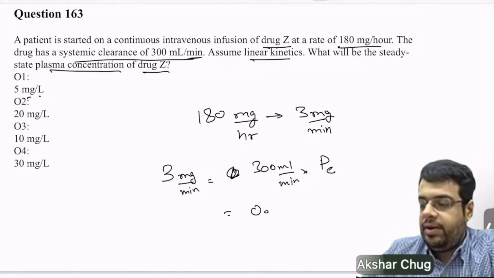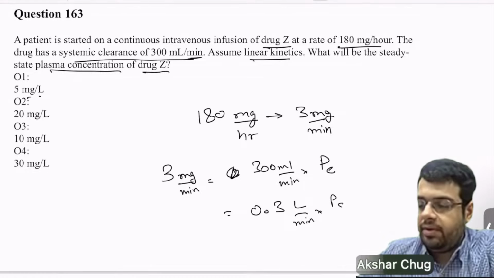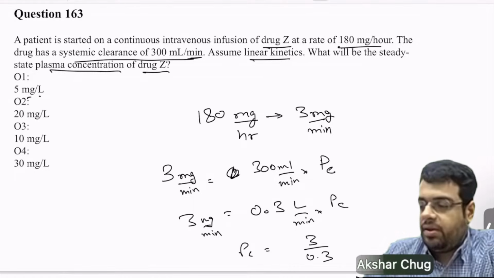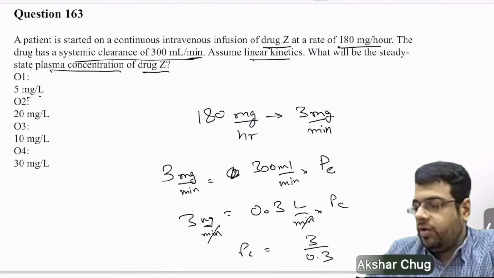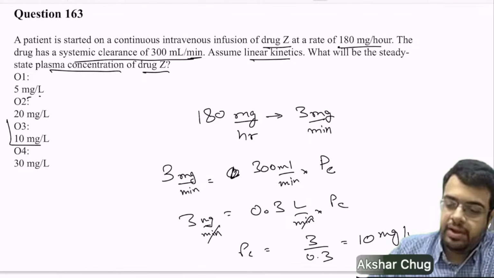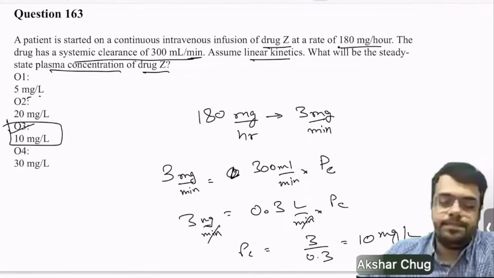It would be 0.3 liters per minute into plasma concentration. Here it is 3 milligram per minute. So the plasma concentration turns out to be 3 divided by 0.3, and the minutes will get cancelled. It will come out to be 10 milligram per liter. Option 3 would be the correct answer.